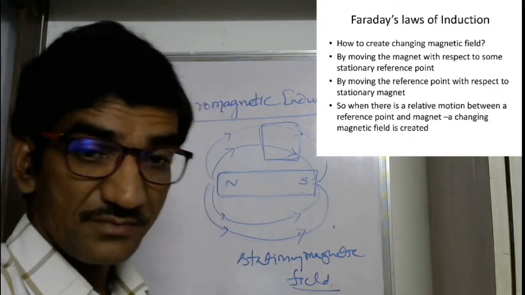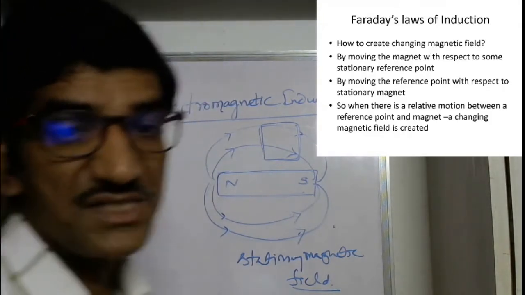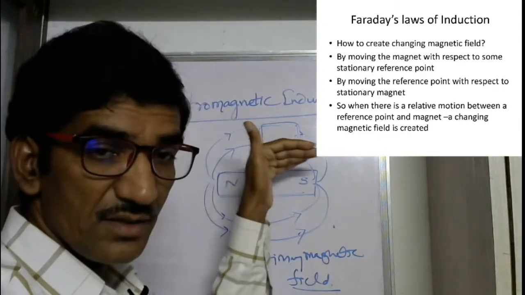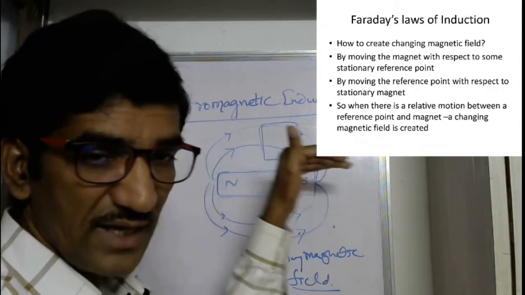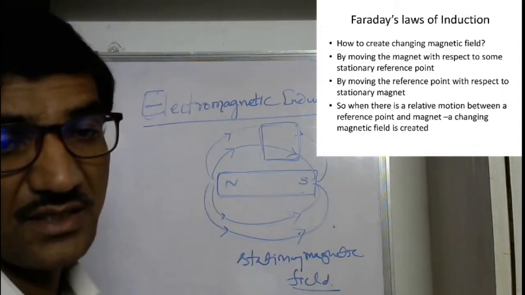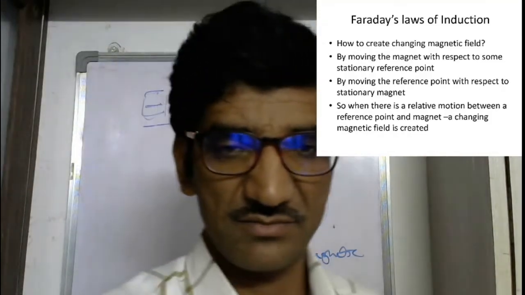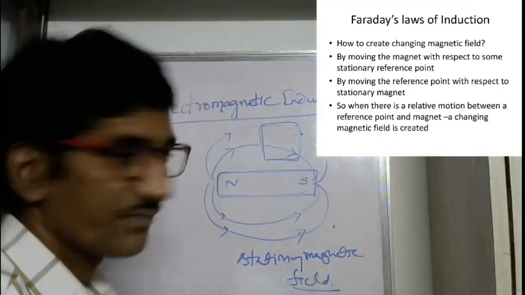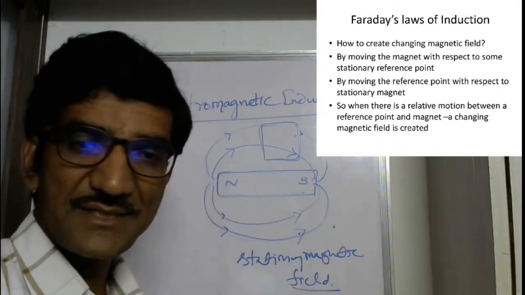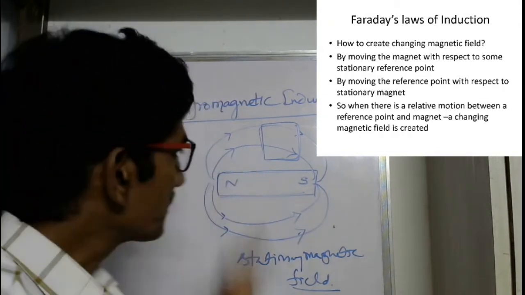If it is a changing magnetic field, then what happens? The number of field lines passing through this area may change from time to time, because that is a changing, variable magnetic field. So how can you increase or decrease the number of field lines passing through this area?